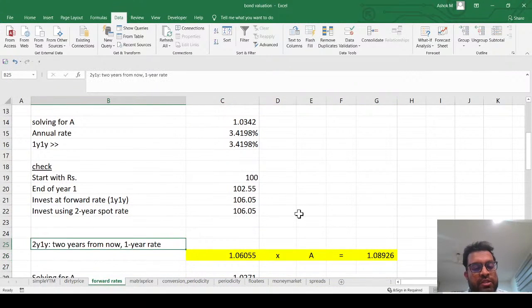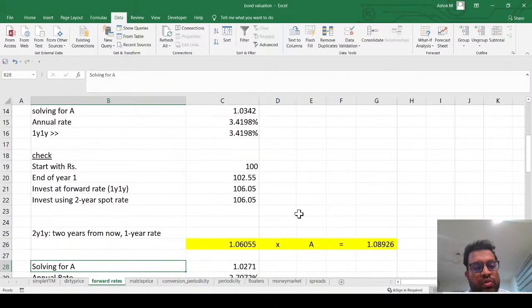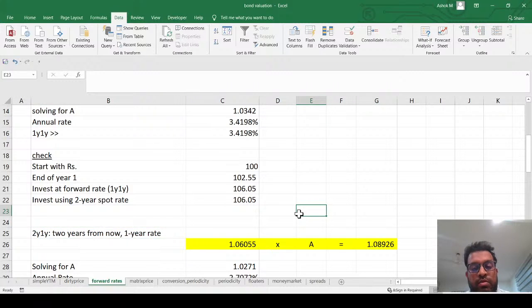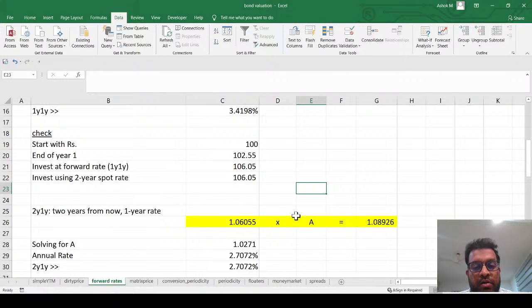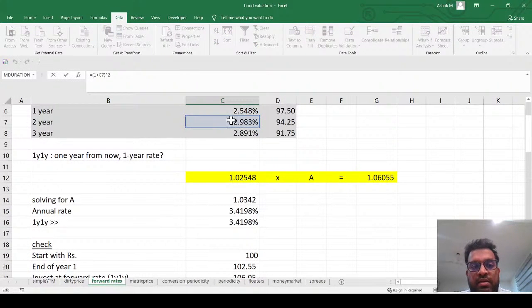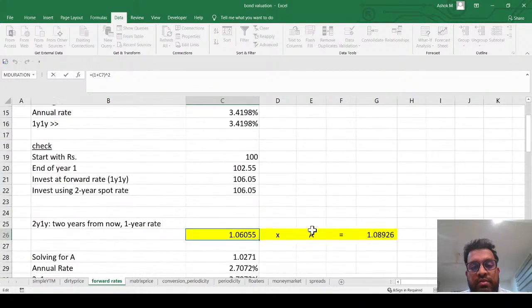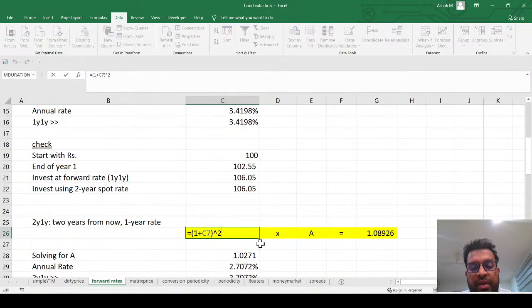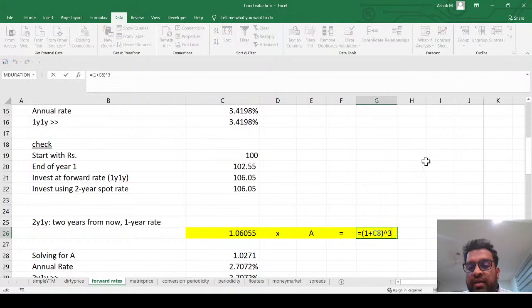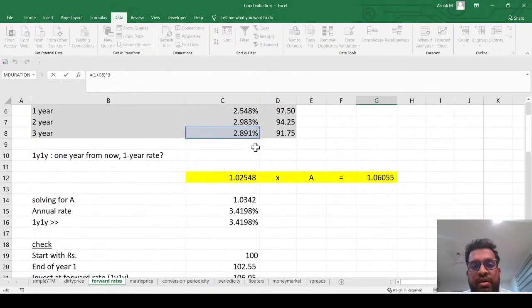Now we'll see what happens 2 years from now. What is the 1 year rate 2 years from now? So you invest 1 rupee compounded for 2 years, and you have compounded for 1 more year. That's your missing figure. You will get 1 rupee compounded for 3 years.